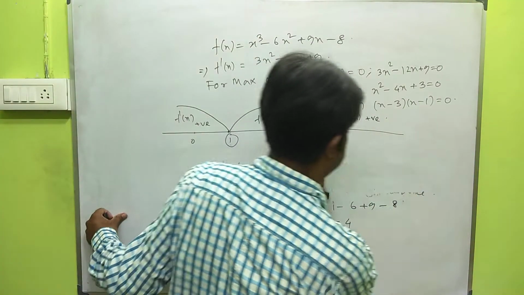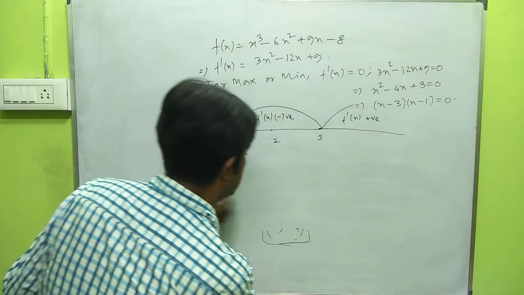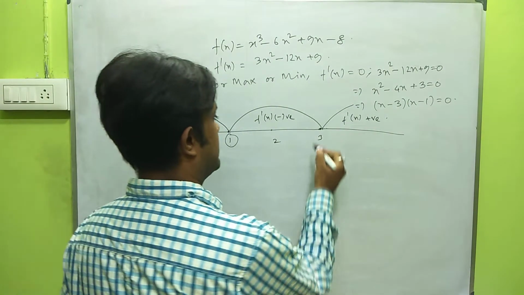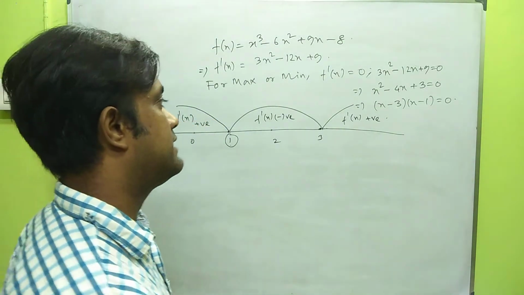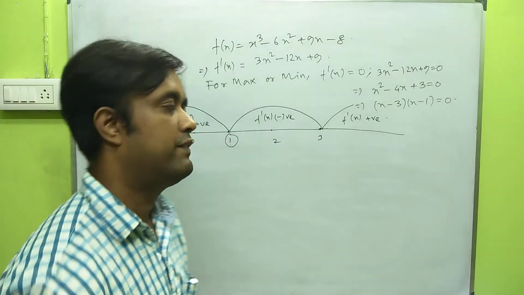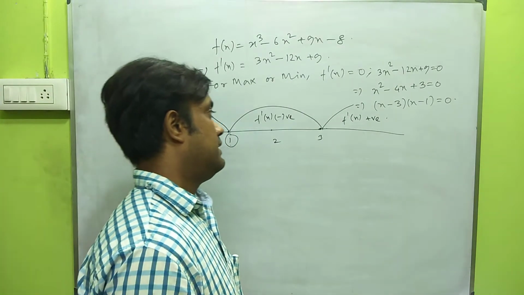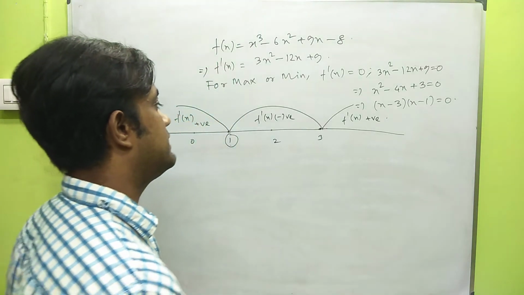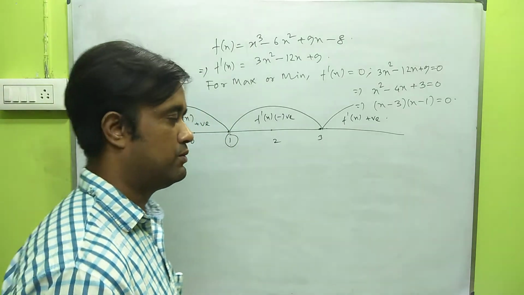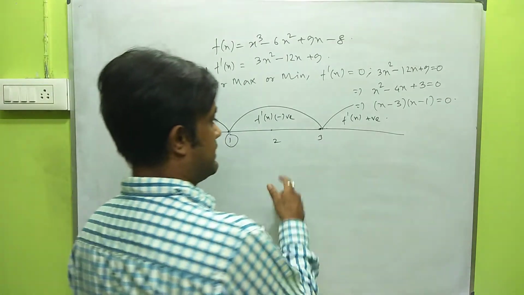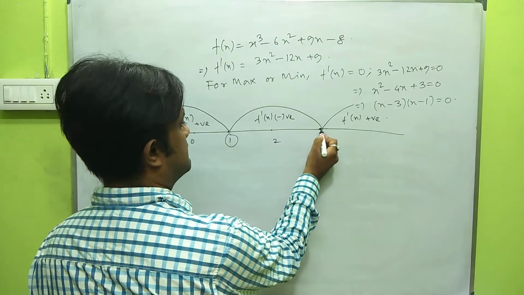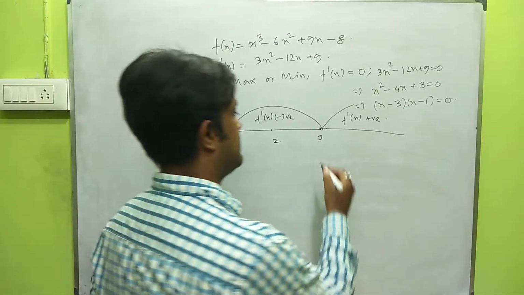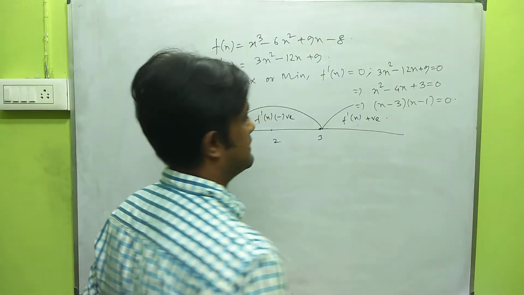And if we observe the point 3, where f(x) attains an extremum value, as we do not know whether the function has maximum or minimum value, now if we check, at the left side of 3 f dash x is negative, and at the right hand side of 3 f dash x is positive.